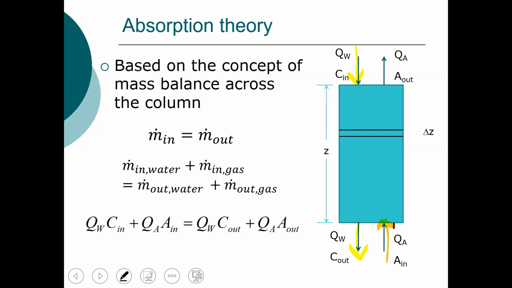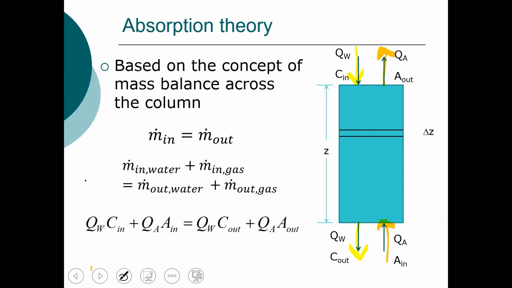So the countercurrent flow. Concentration of chemical in the air, we'll denote that as A sub in, and flow out, A sub out, concentration leaving. We've written mass balances numerous times throughout the semester.